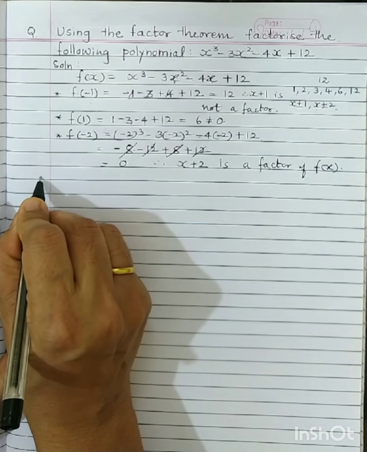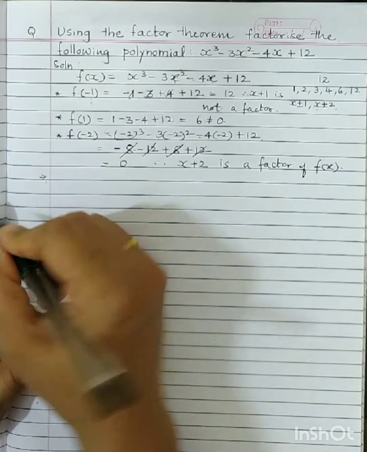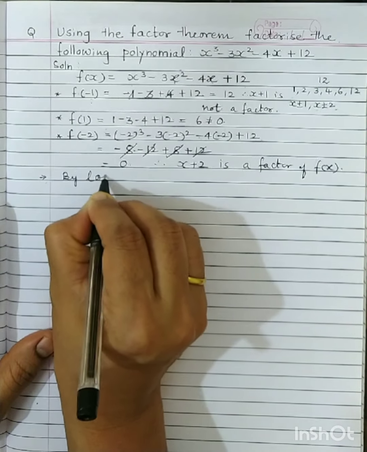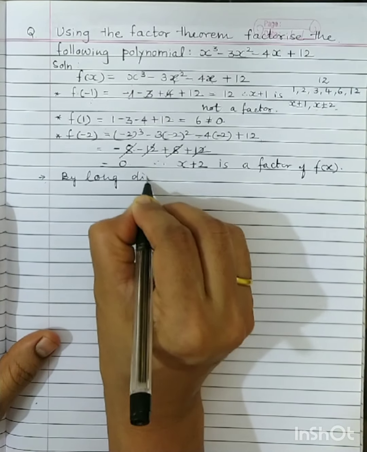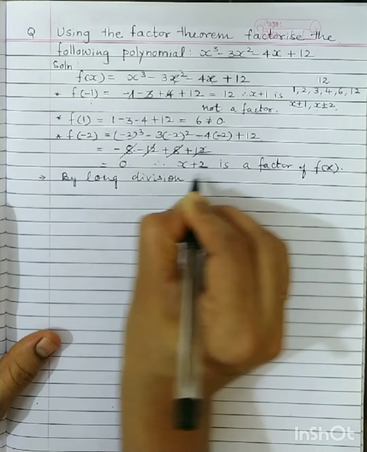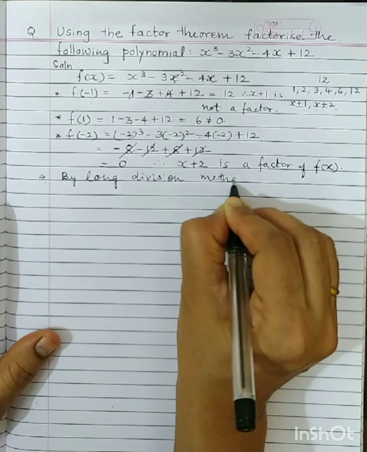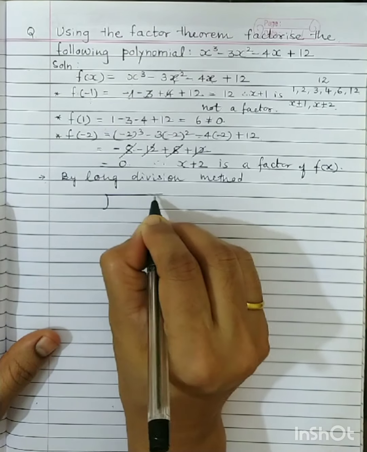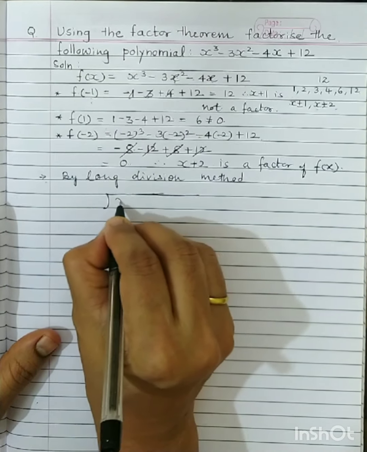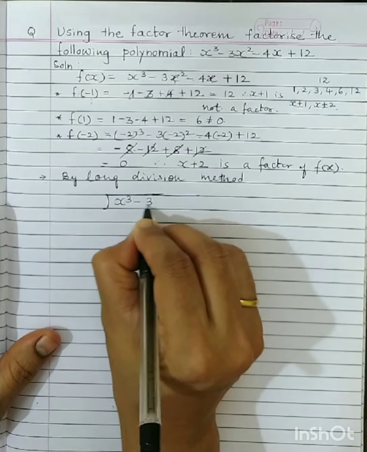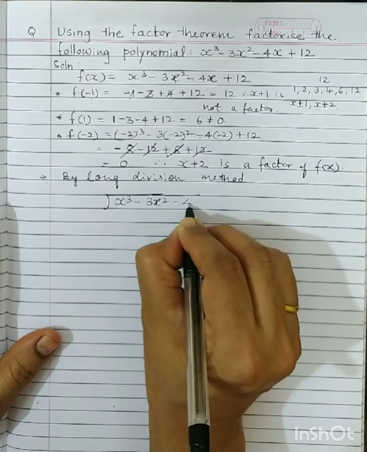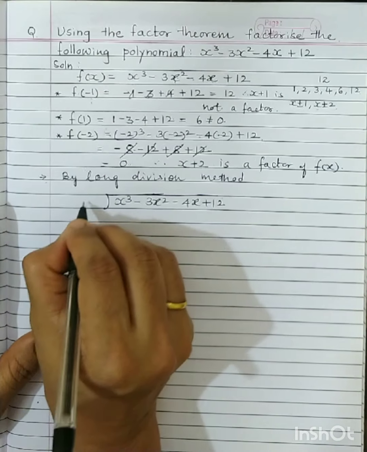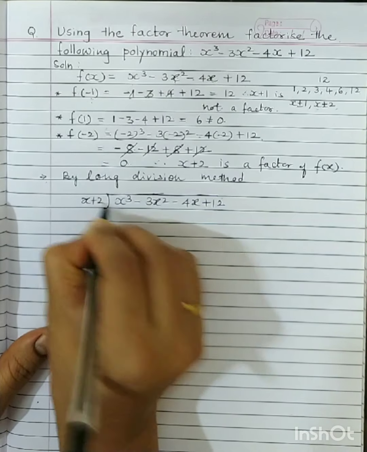Now what is the next step we are going to find here? We are going to find the other factors. So by long division method we are going to do it. So what will I do here? x cube minus 3x square minus 4x plus 12 divided by x plus 2.